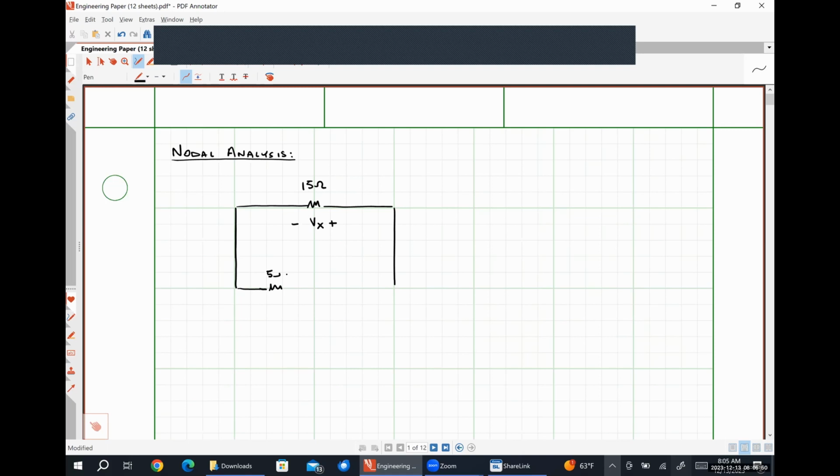Here we have a 5 ohm resistor, a 20 ohm resistor. Down this leg of the circuit, we have a 10 ohm resistor. We're going to have a 2 amp source here. And then we're going to have a dependent source here.